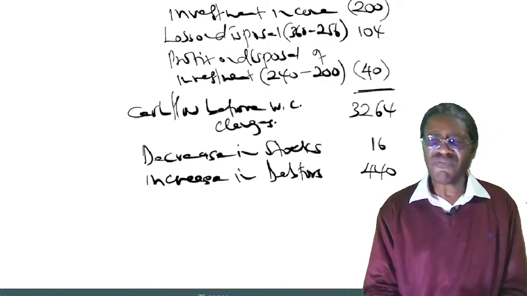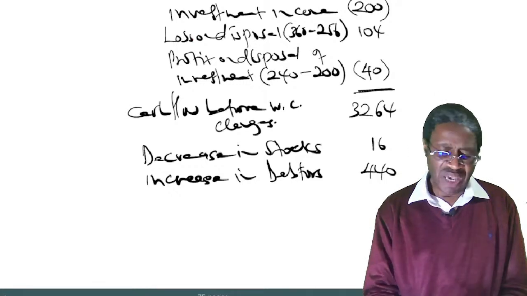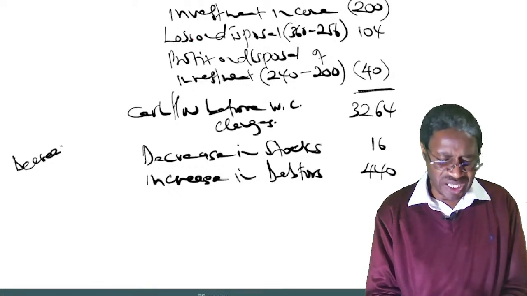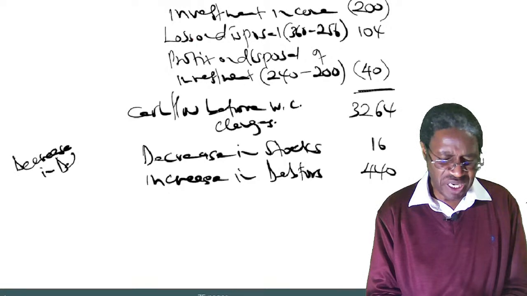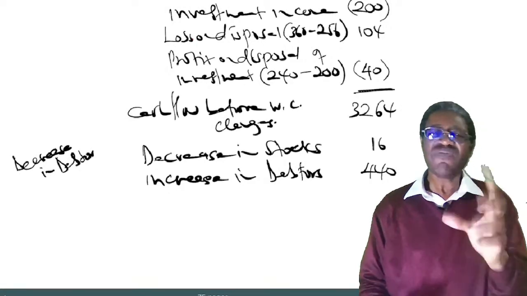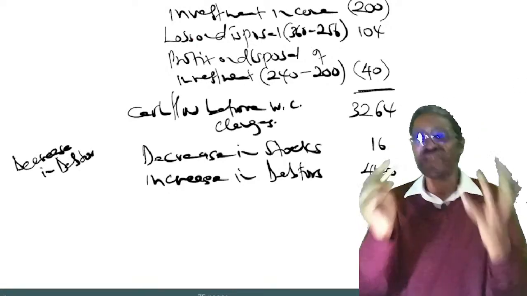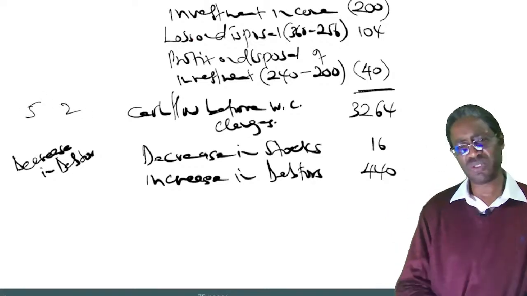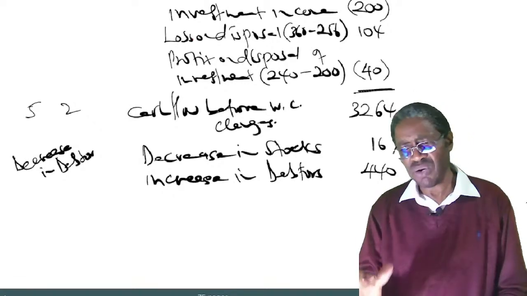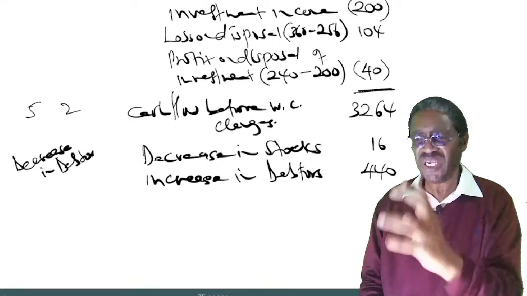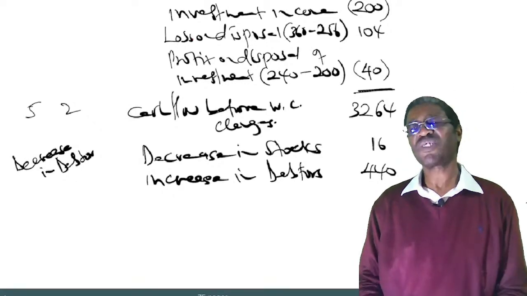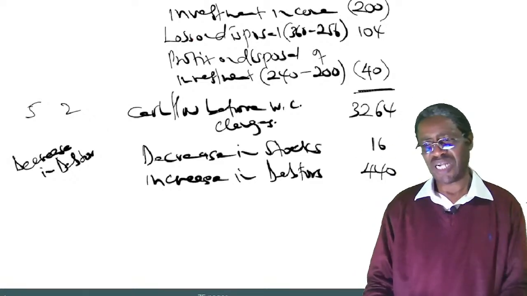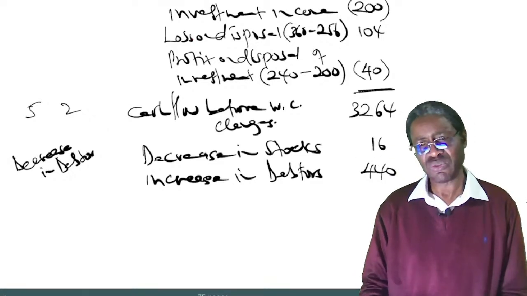Now, if it was a decrease in debtors, what could be the case? If it's a decrease in debtors, maybe debtors last year were 5 million. This year debtors are 2 million. For debtors to go down, they must have paid us. That represents an inflow. Good.